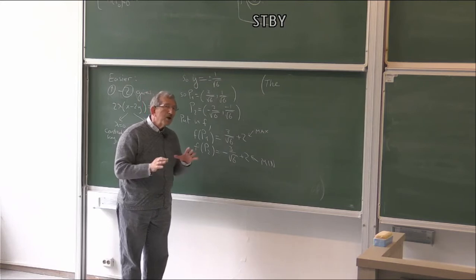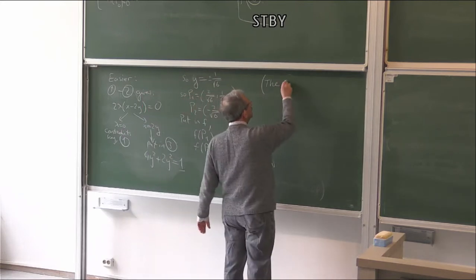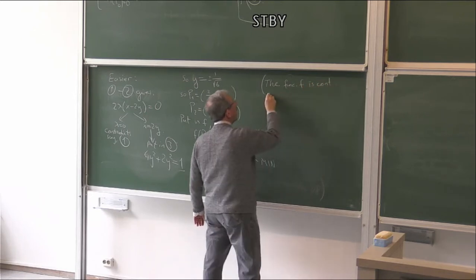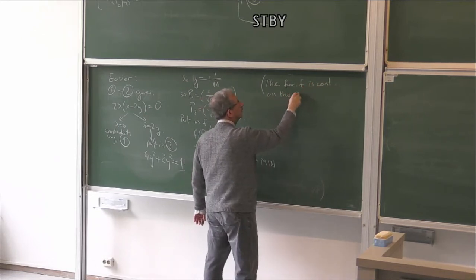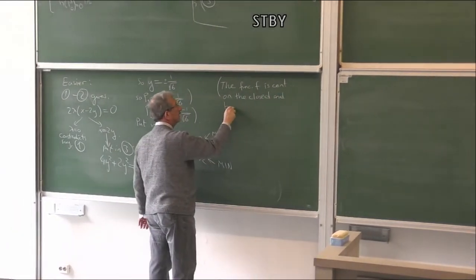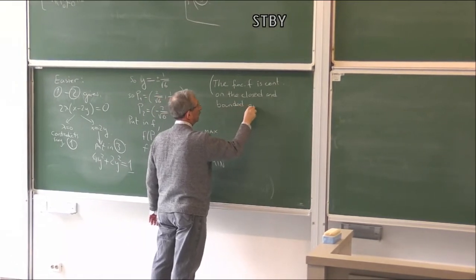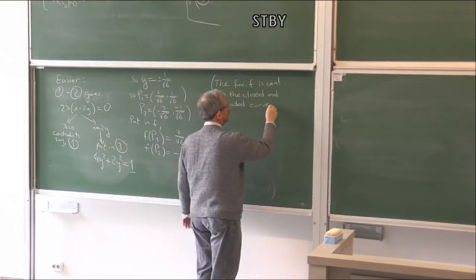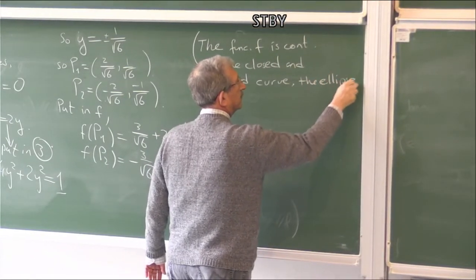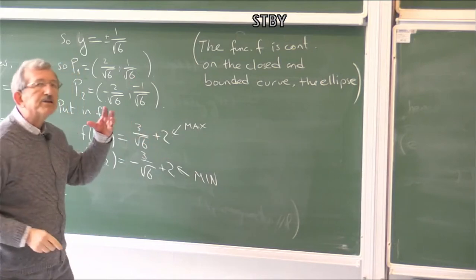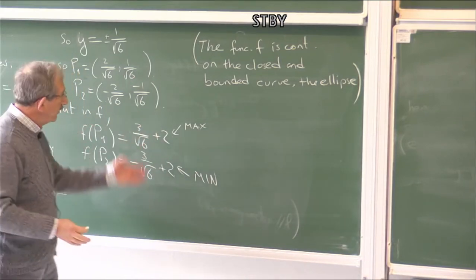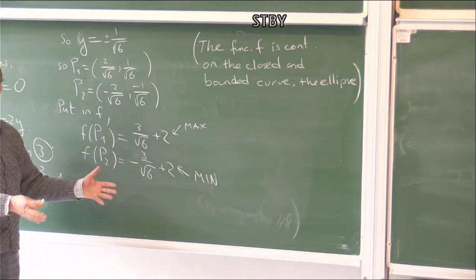But we also know the following: the function f is continuous on the closed and bounded curve, which is the ellipse. So there is a maximum and a minimum value in the first place. They are critical points, and we have 2 of them. So that's it. We are finished.